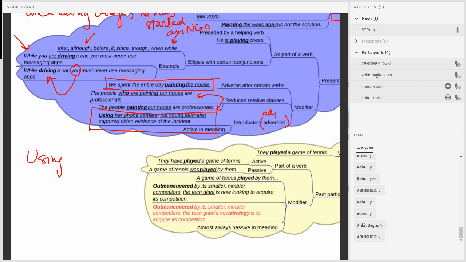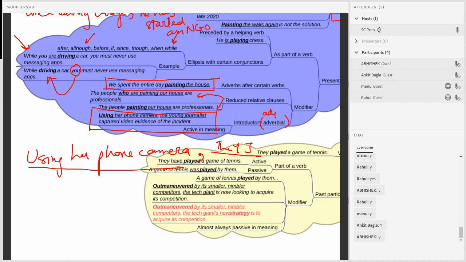So let's take a look at this example. Using her phone camera, comma. Now you know what has to happen over here. You need the logical noun to be the subject of this clause. So, for example, the young journalist. If we are not sure, we go step by step.